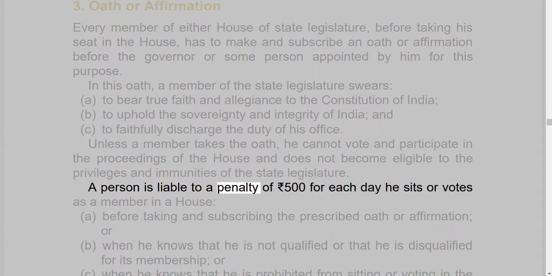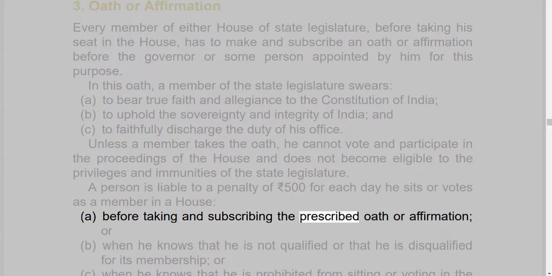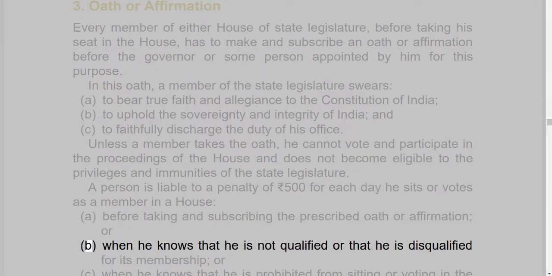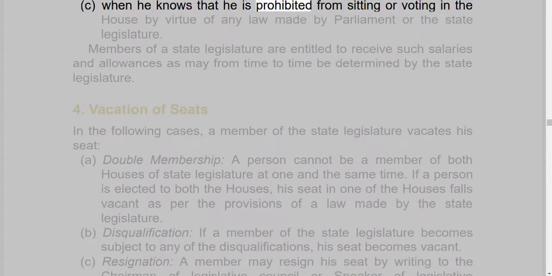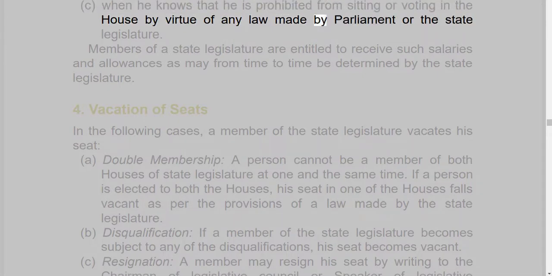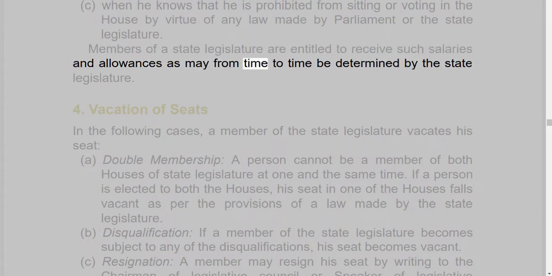A person is liable to a penalty of 500 rupees for each day he sits or votes as a member in a House, a. before taking and subscribing the prescribed oath or affirmation, or b. when he knows that he is not qualified or that he is disqualified for its membership, or c. when he knows that he is prohibited from sitting or voting in the House by virtue of any law made by Parliament or the state legislature. Members of a state legislature are entitled to receive such salaries and allowances as may from time to time be determined by the state legislature.